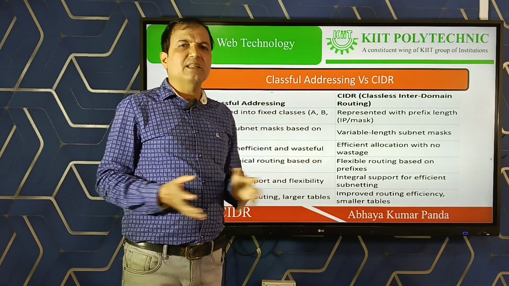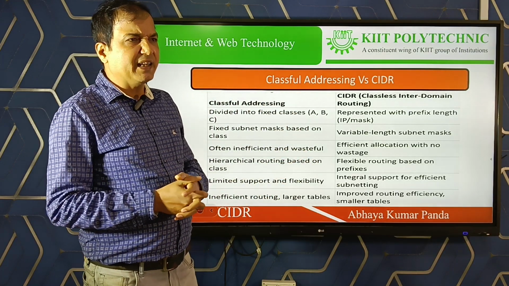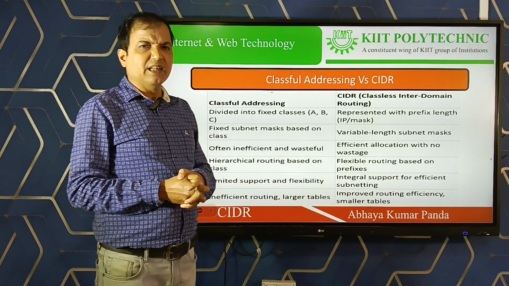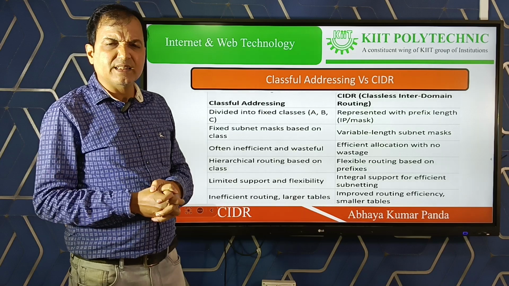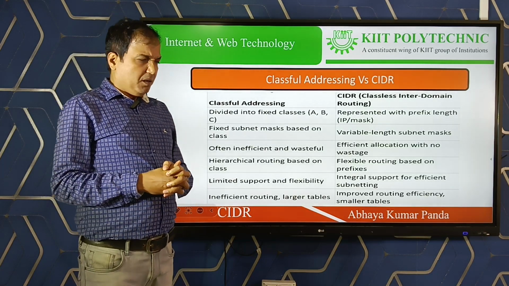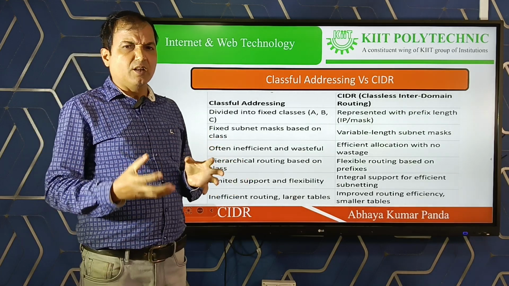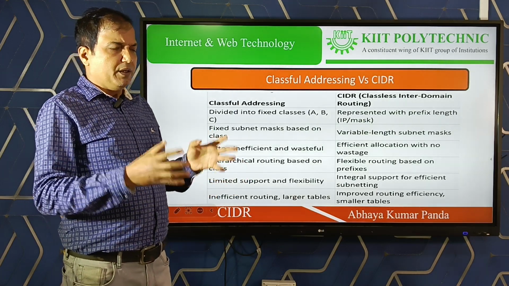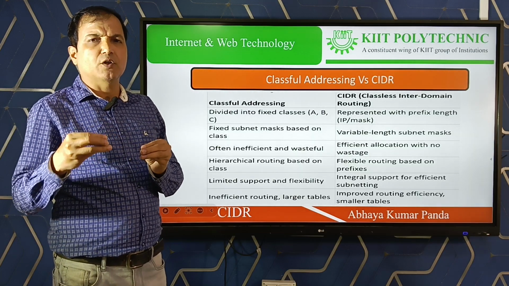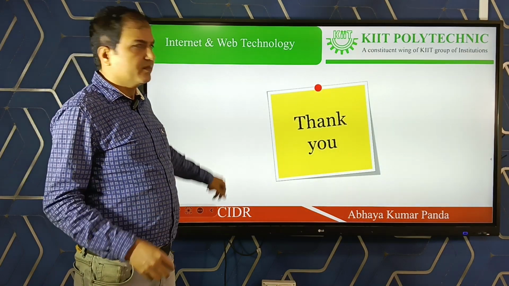If we summarize, CIDR reduces address scarcity and address wastage, and finally CIDR motivates us to use a limited pool of IP addresses in a better way. Thank you.